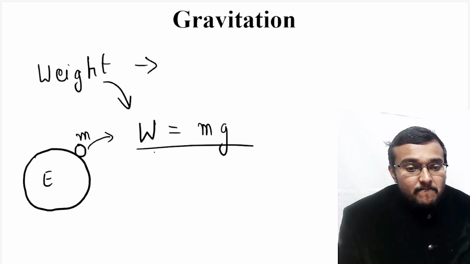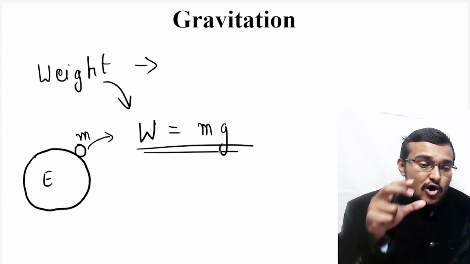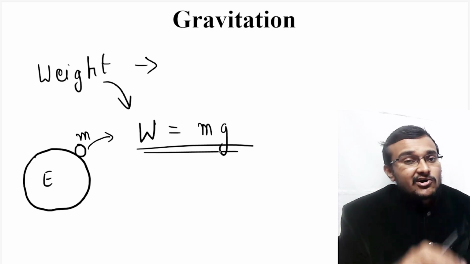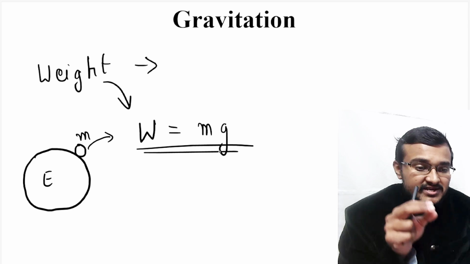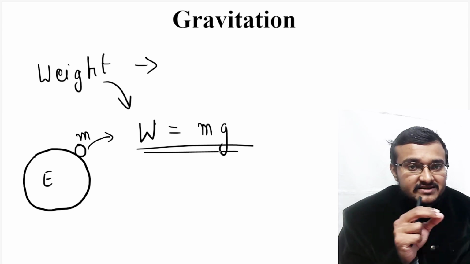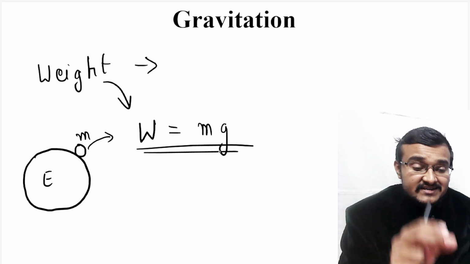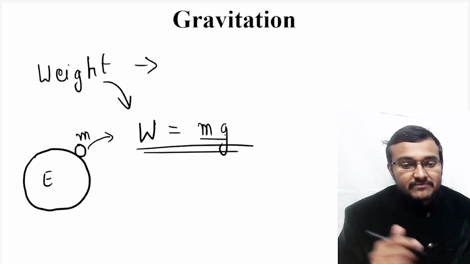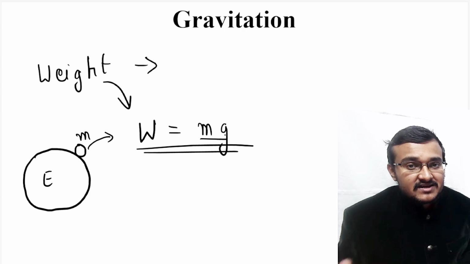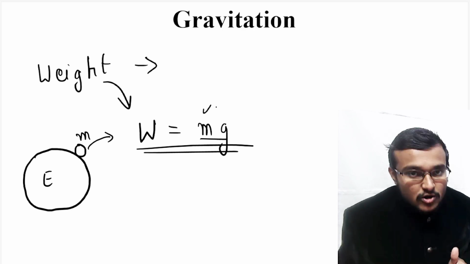So weight is mass times the acceleration due to gravity of the planet on which the object is lying. The object is under the influence of the gravitational force of Earth. So W is equal to mass times acceleration due to gravity, and this mass is the mass of the individual object.